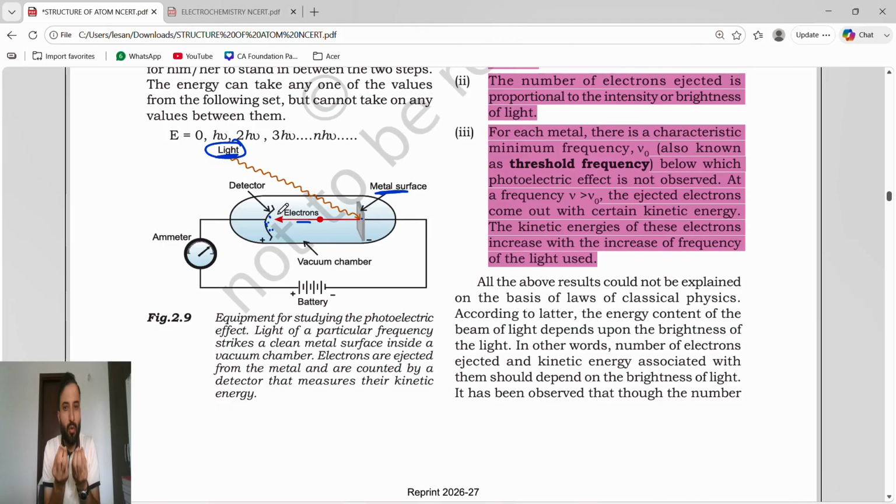Those who are soft-hearted, that person will go out of the class. The same thing: when I start hitting with a beam of light, the electrons which are attached softly, weakly, will start ejecting from the metal surface.